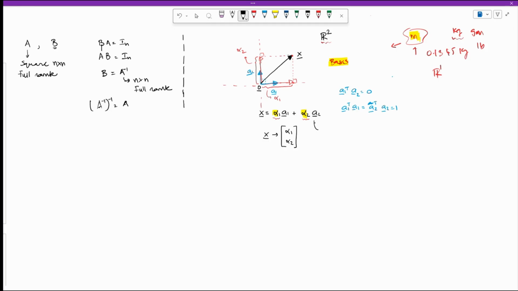We already saw in the first module, if you had an orthonormal basis. So here, is this set A1, A2 an orthonormal basis? What is an orthonormal basis? Or what is a basis? Let's start there.